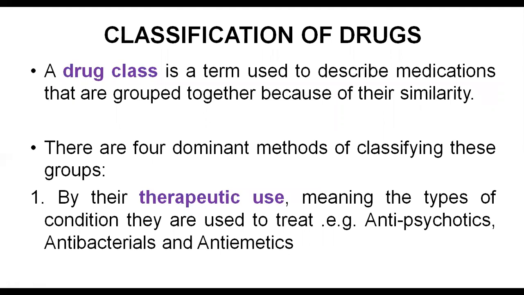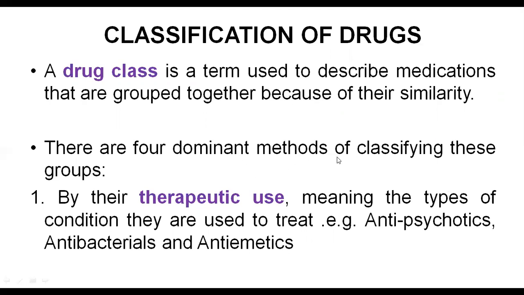Lastly, I'll just briefly talk about how drugs are classified, so that when you're administering drugs, you will know how they are classified. A drug class is basically a term that is used to describe medications that are grouped together because of their similarity.